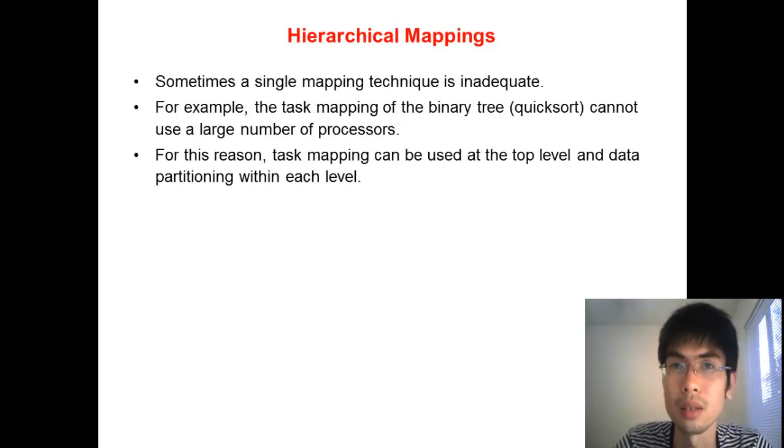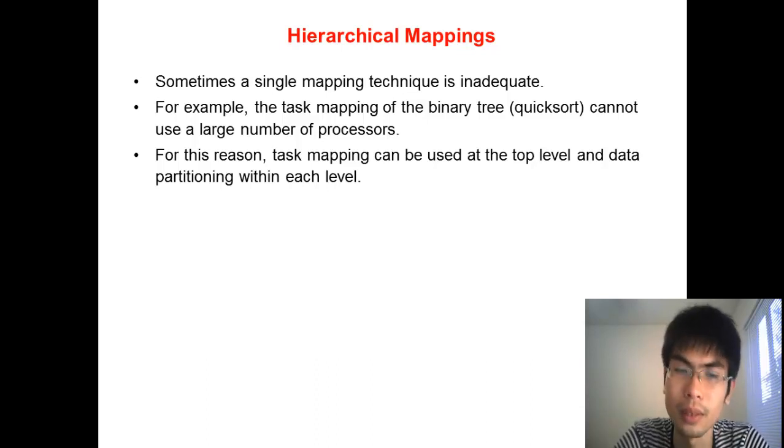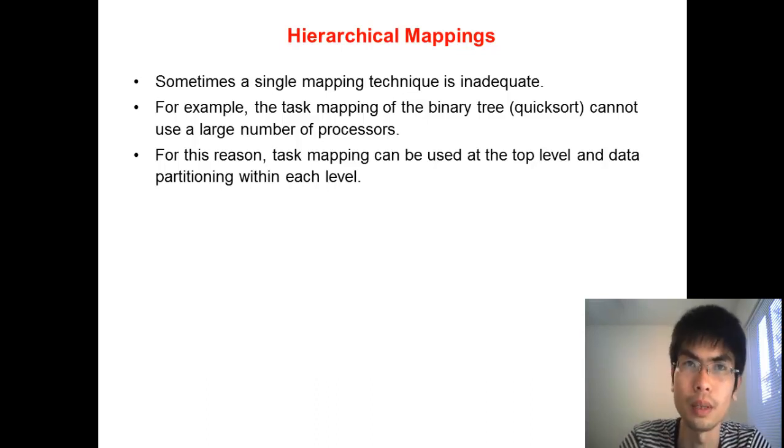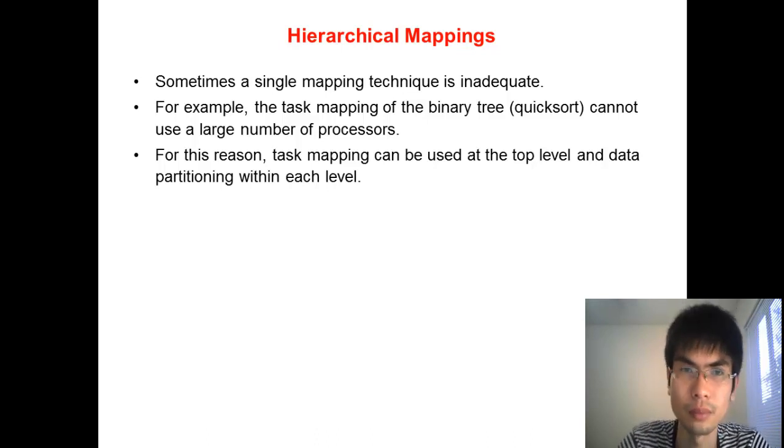Hierarchical mappings are used because sometimes a single mapping technique is not enough. So that's why we want to combine different mapping techniques together, to get a better performance or to be less time consuming.